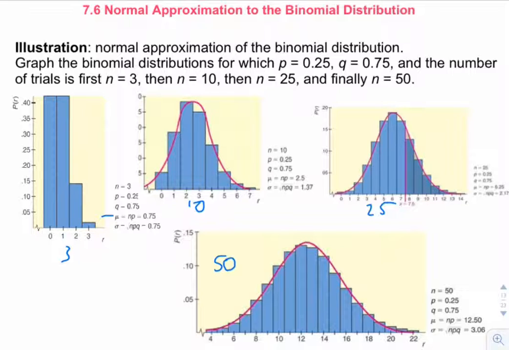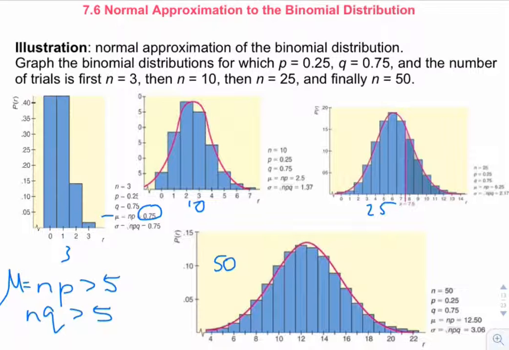The expected value is 0.75. Notice 0.75 is too small for us to use a normal approximation. NP must be at least 5 and NQ must be at least 5. Those are our two conditions. Just remember that that is also another way of thinking of mu.